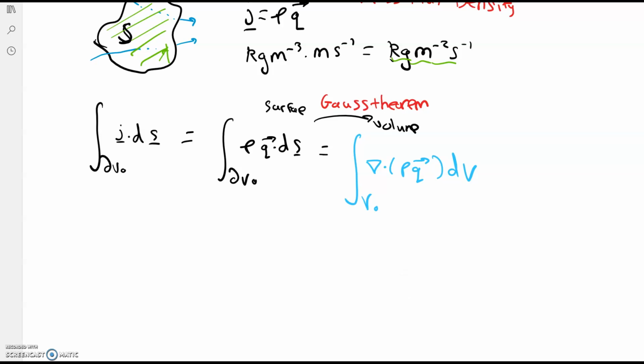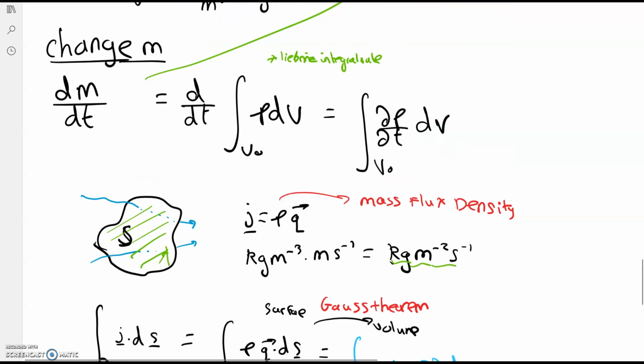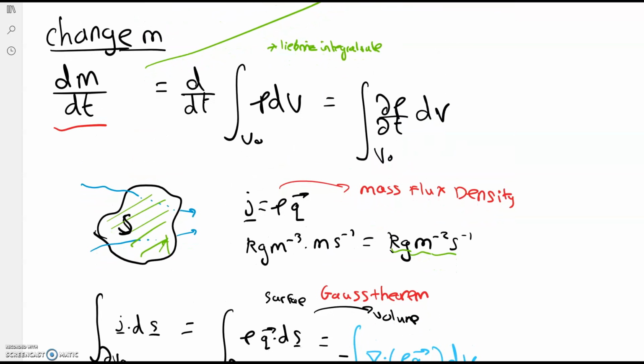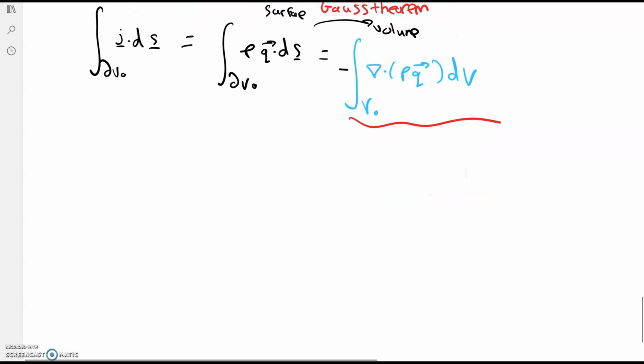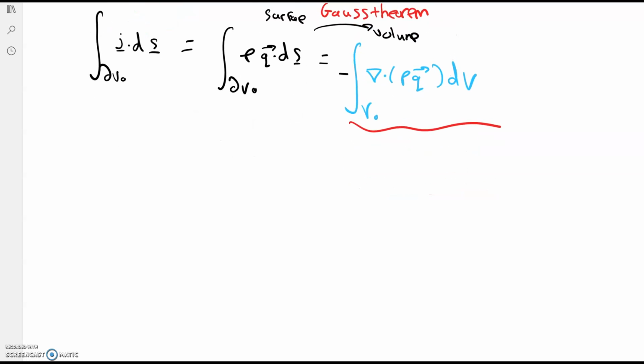Since it's a mass outflow, by convention we'll put a minus sign to denote an outflow. Now, this is our mass outflow here, and this is the amount of change of mass per time. So the change of mass per time is the outflow of the mass integrated over the volume.